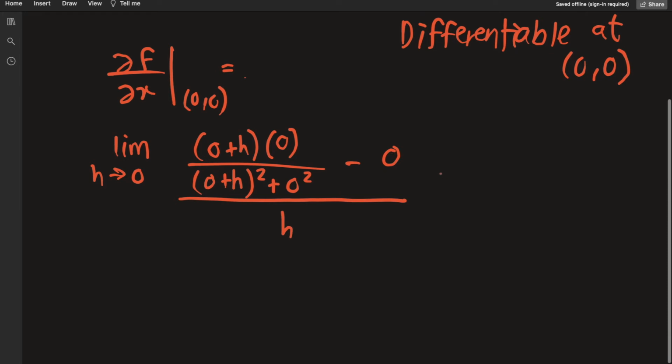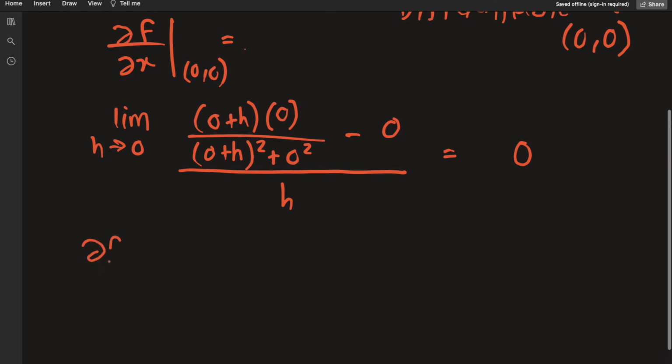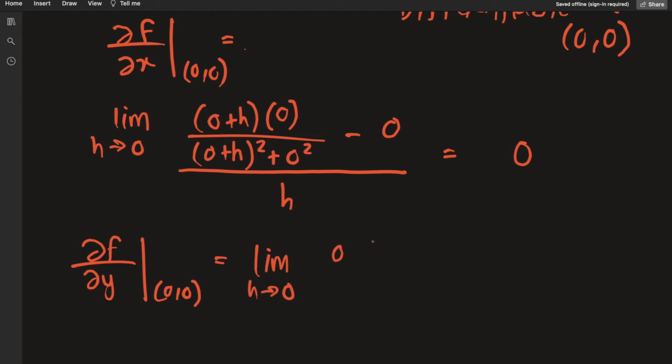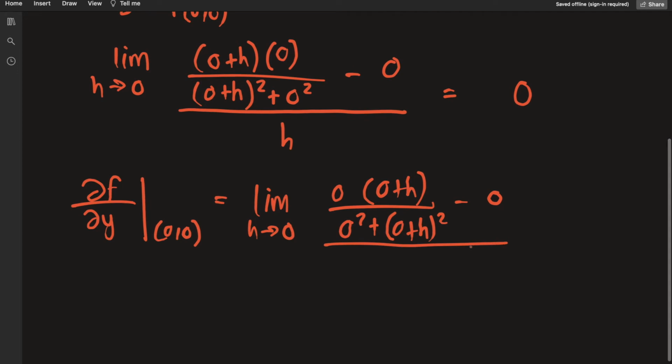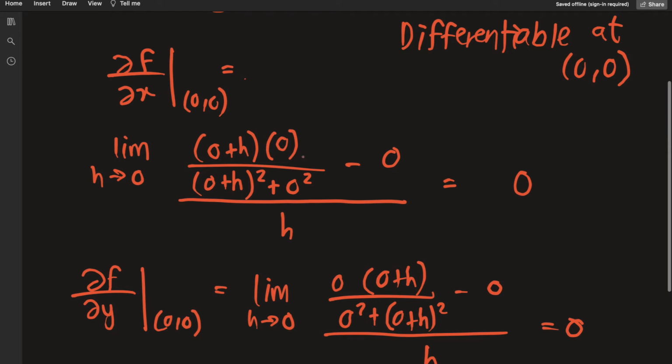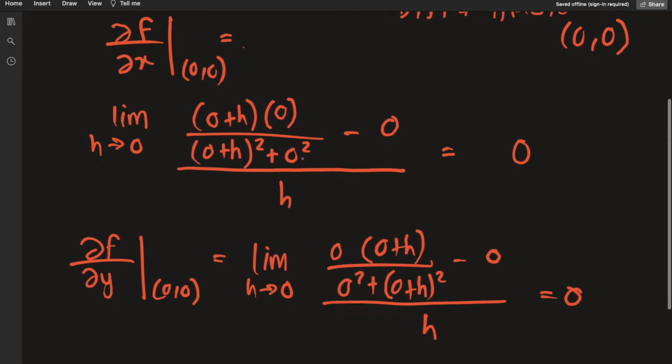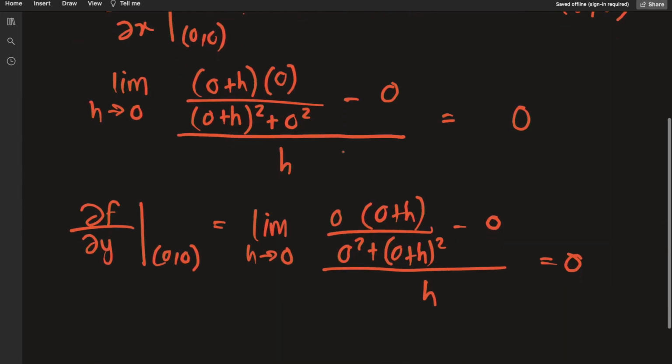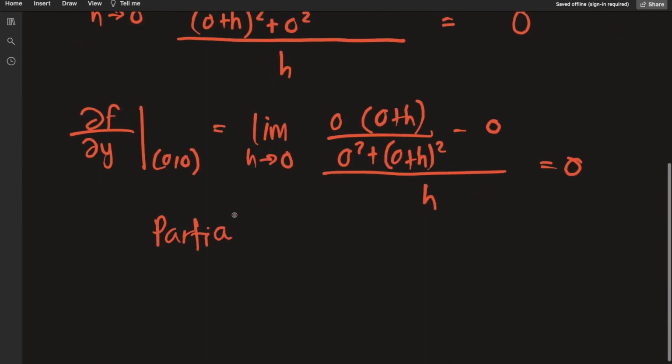I'm just using the definition of the partial derivative. If you calculate all of this out, it will be 0. Fair enough. Now the partial with respect to y, we can do a similar approach here. Again it goes to 0. So this means the partial derivatives exist because we calculated them using the definition. Both of them are 0. So partial derivatives exist here. There's no dispute about it.